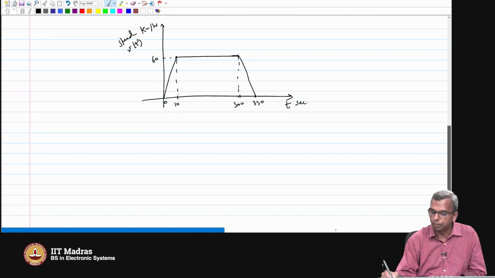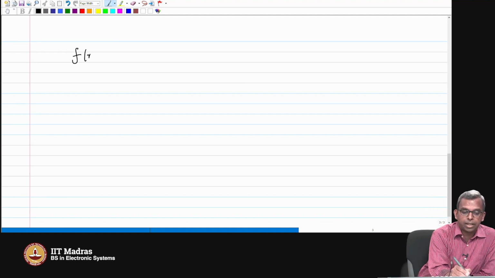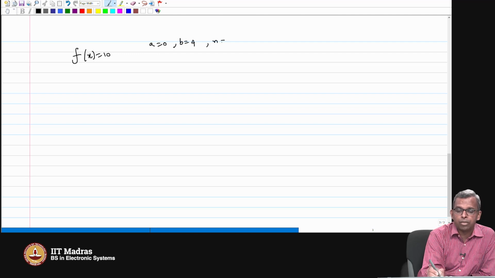Let's do Riemann sums. So the first problem is f of x equals 10. Okay, so f of x is 10. You can draw and visualize, but really that's not so important. I want a equals 0, b equals 4 and n equals 5. So what is delta? Delta is b minus a by n, that's 4 by 5.